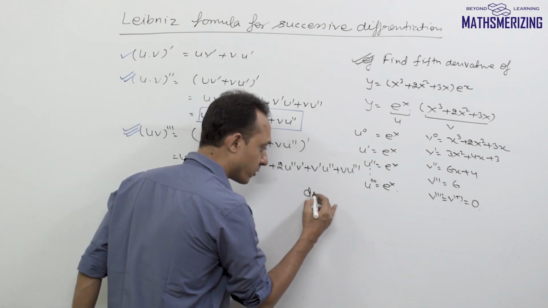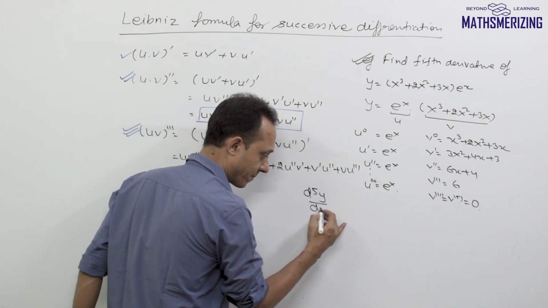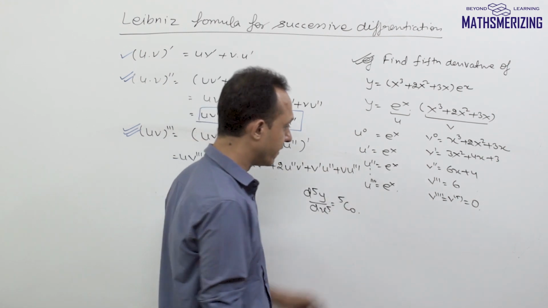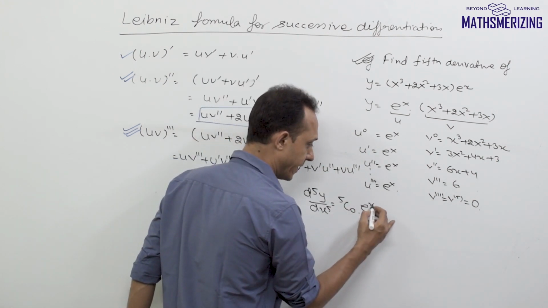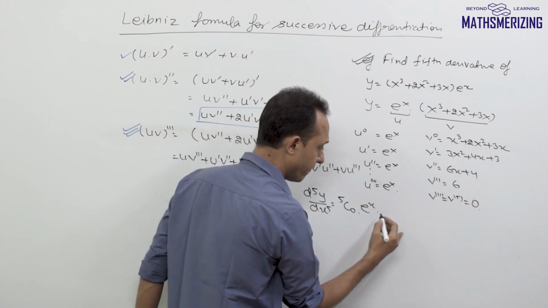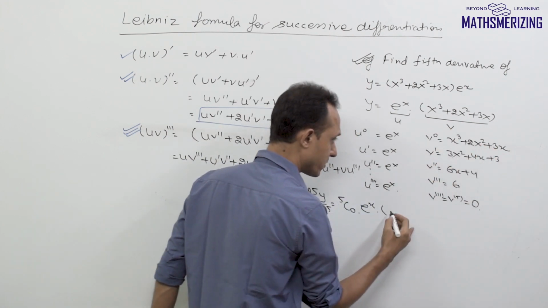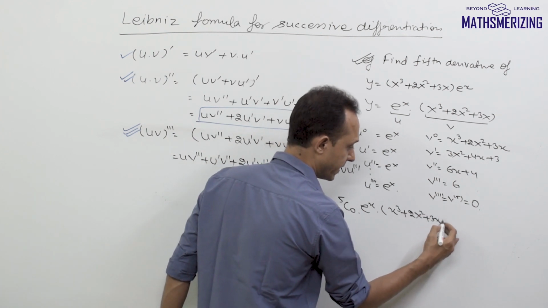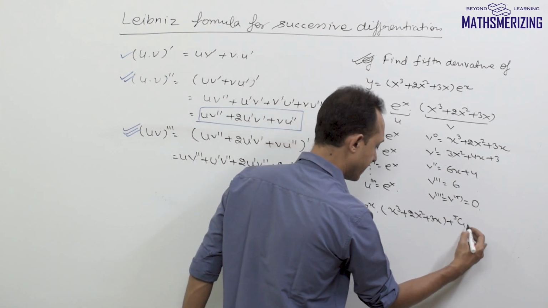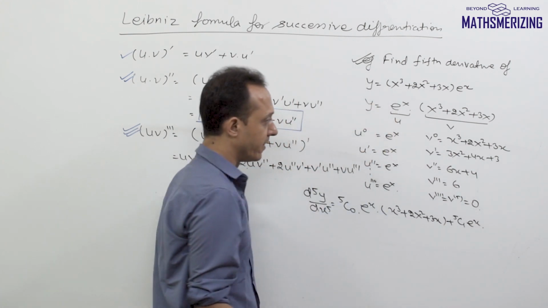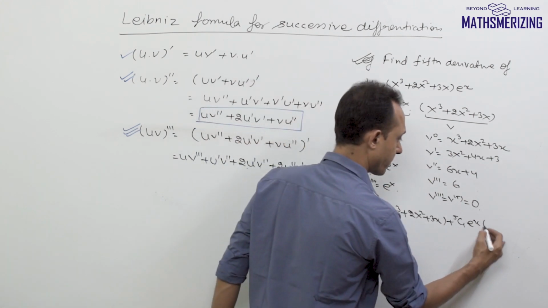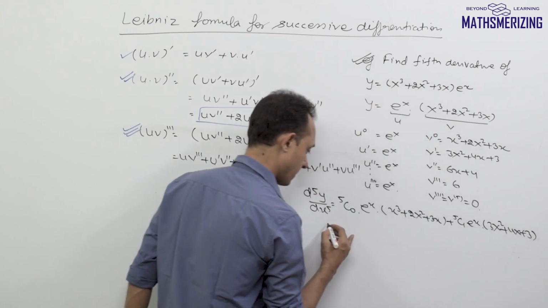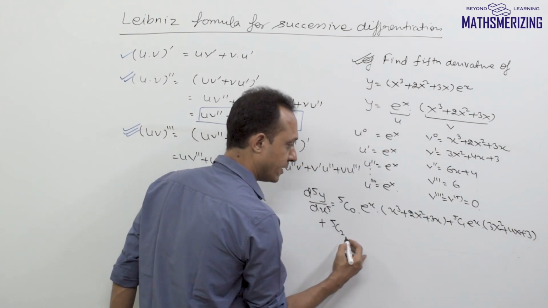So its fifth order derivative will simply be 5c0. Now fifth derivative e to the power x, so it will be e to the power x into 0th derivative of v. So there will be x cube plus 2x square plus 3x, and then plus 5c1 e to the power x, and then first derivative 3x square plus 4x plus 3, plus 5c2.